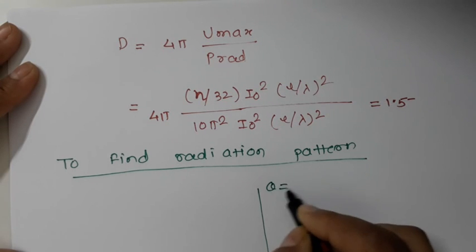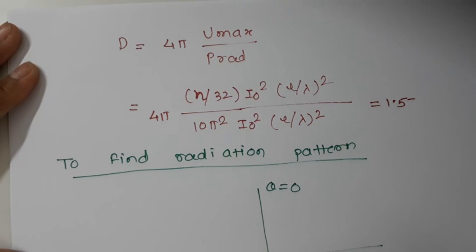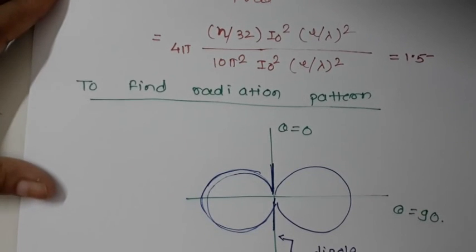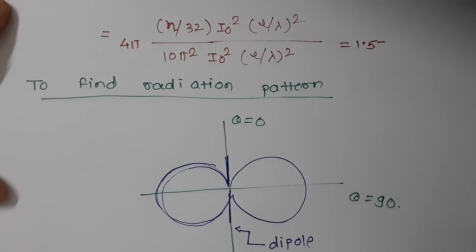This is θ equal to 0, this is θ equal to 90, and you are placing your dipole somewhere here. So this is my dipole, I have placed my dipole over here. I can say the radiation pattern for this small dipole will be like this.